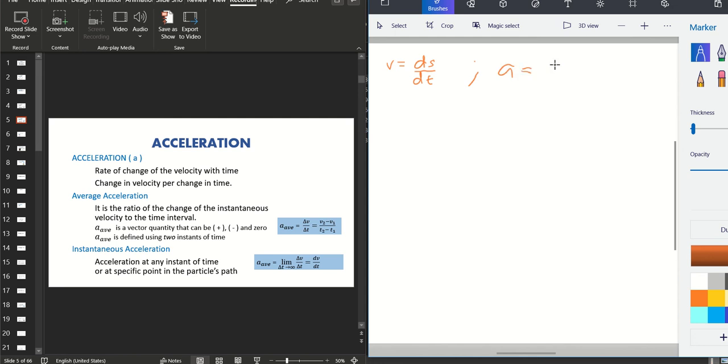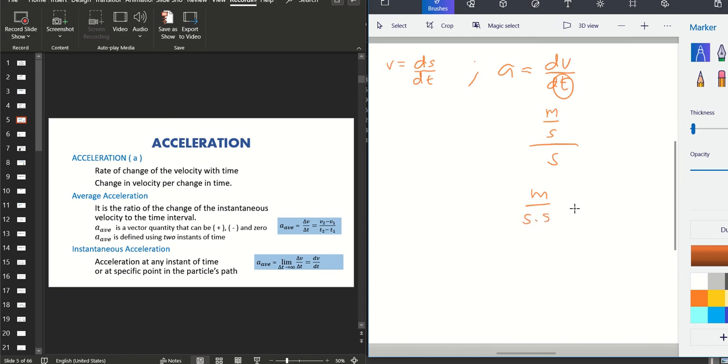Acceleration, on the other hand, is the change in velocity over change in time. Okay, so let's break it down. Velocity is meter per second, and since there is still time over second, using your mathematics, that's going to be meter per second squared, because that's meter per second divided by second.